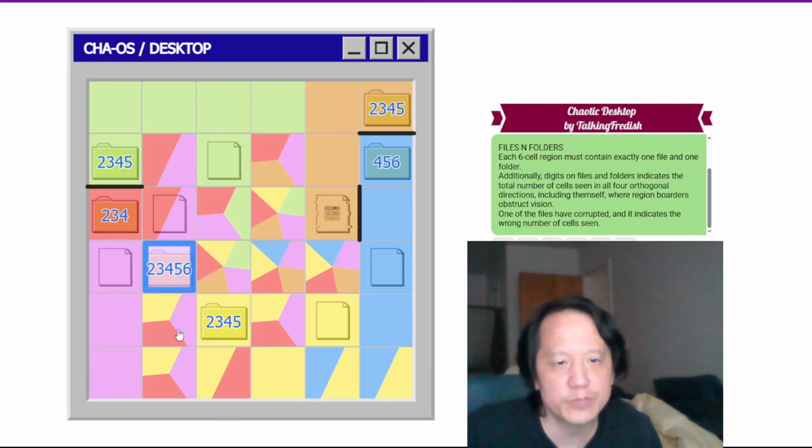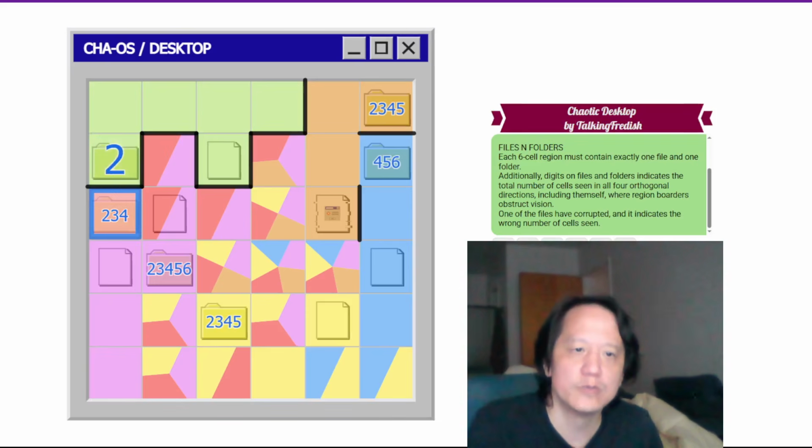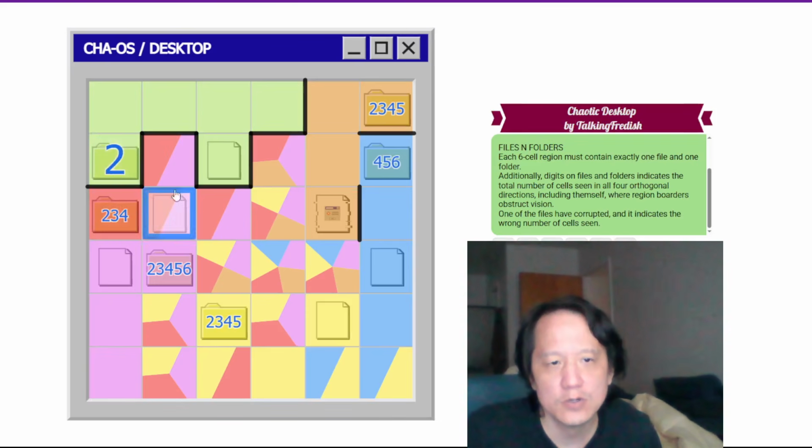So these are all pink. No more greens here. These would see the same number of cells, which is 2. But this would be 2. These would have to be red.